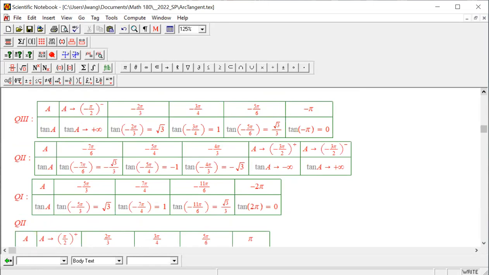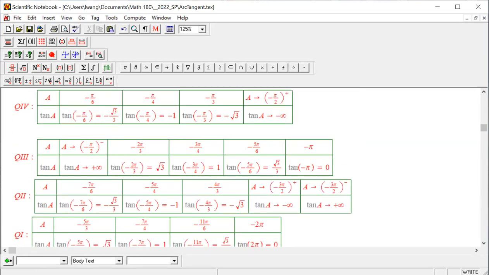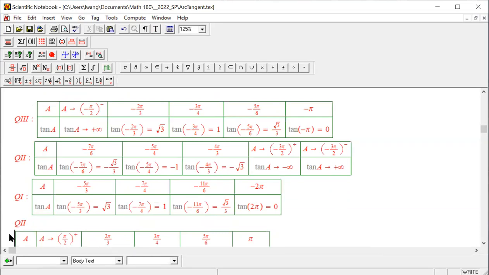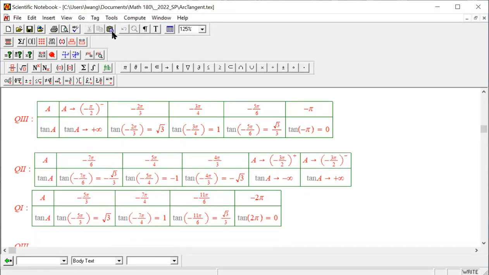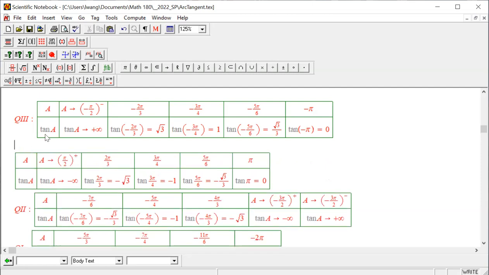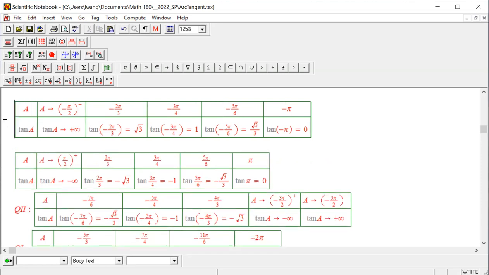Quadrant 2, this piece goes with that. We can forget about the quadrant now. The opposite inputs, opposite outputs. √3, negative √3. Opposite inputs, opposite outputs. We have so many examples of this sort.